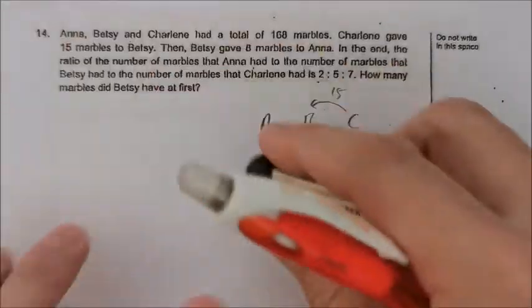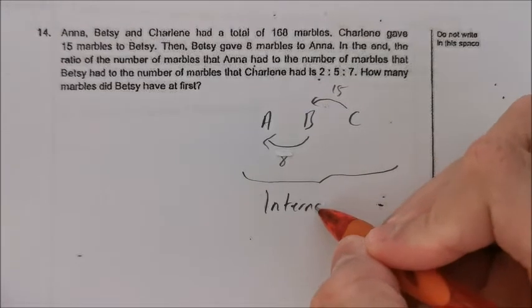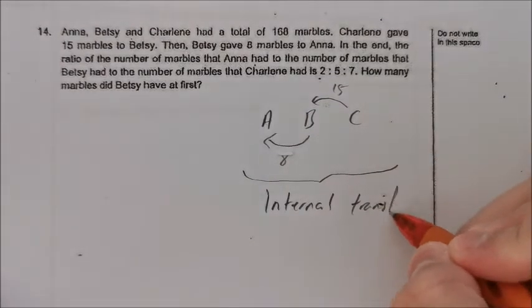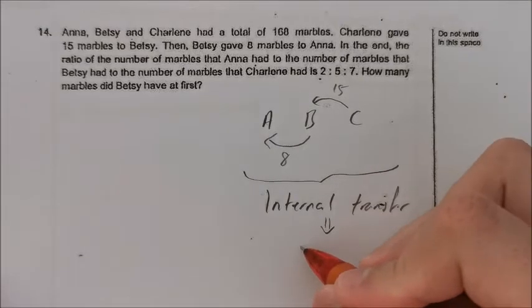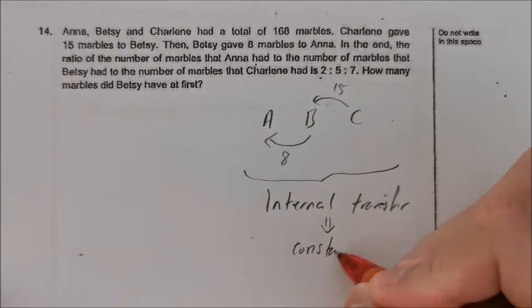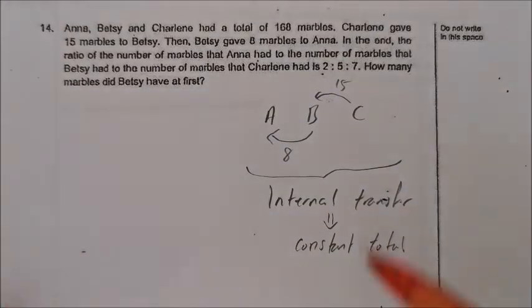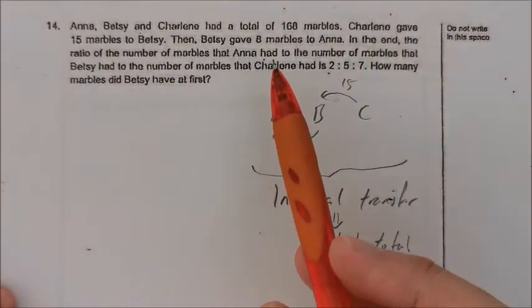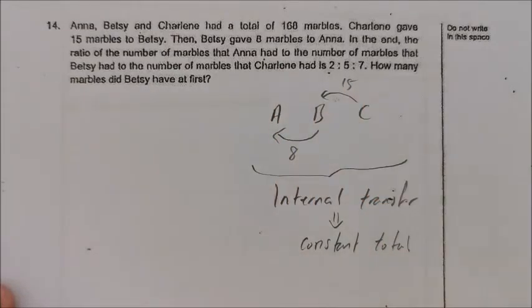Okay, so with this internal transfer, what we can deduce from it is that it will give us a constant total. Okay, so at the end, do you see that the number of marbles Anna to Betsy to Charlene is 2 is to 5 is to 7?